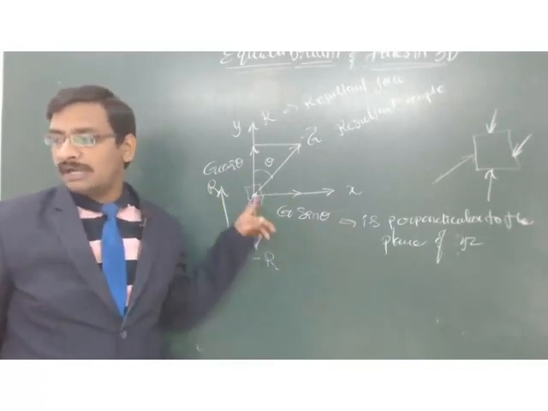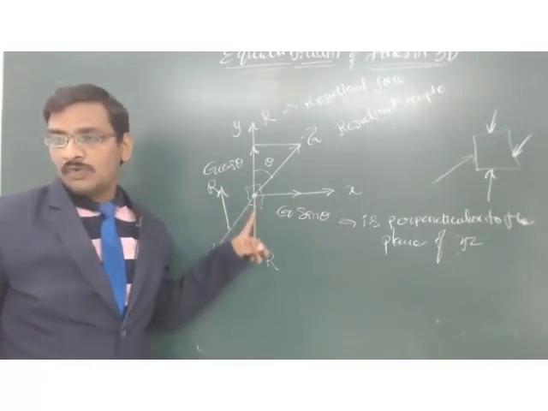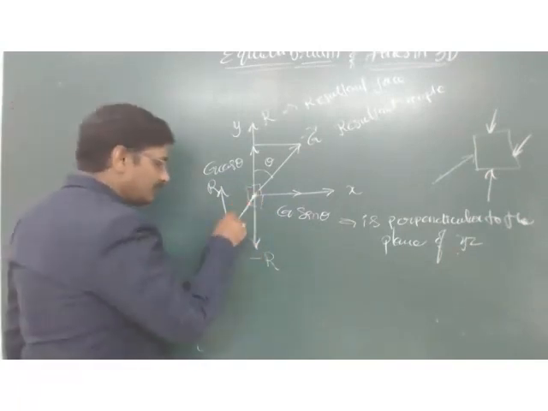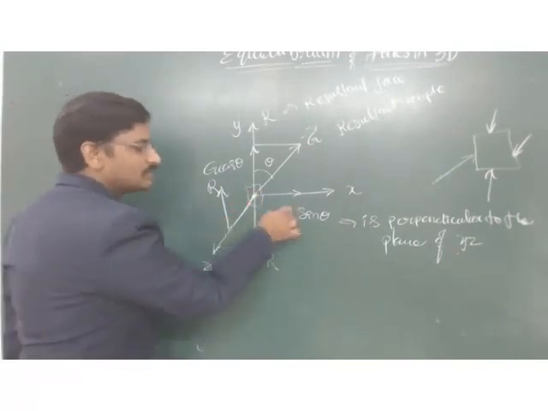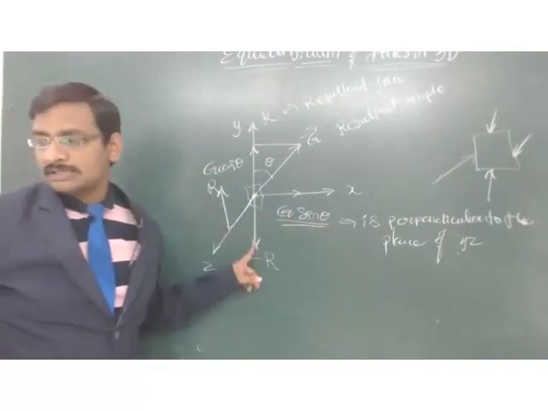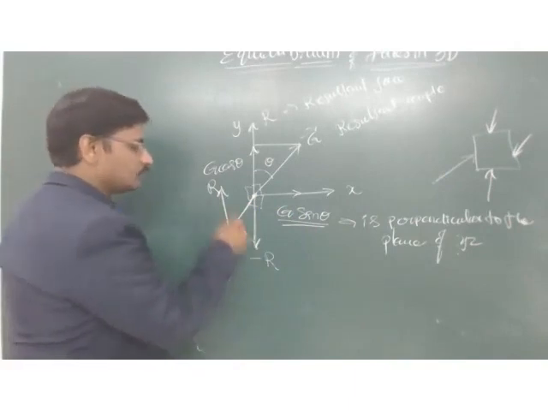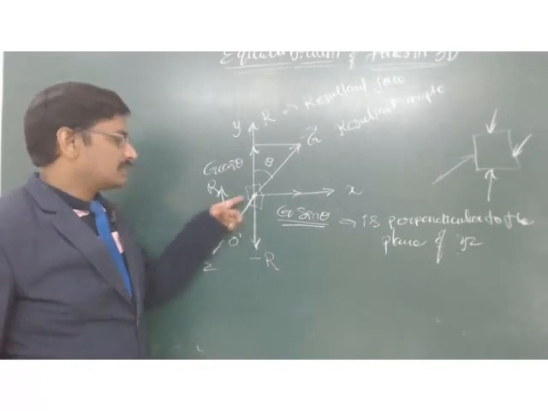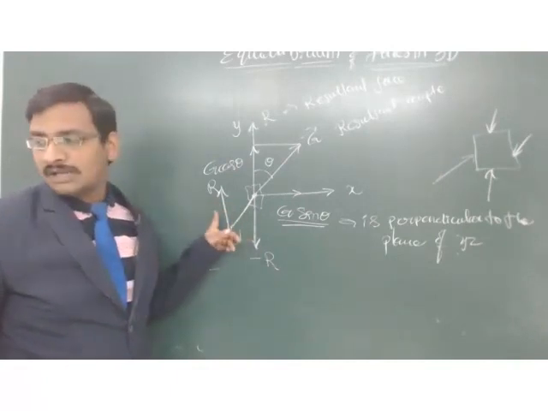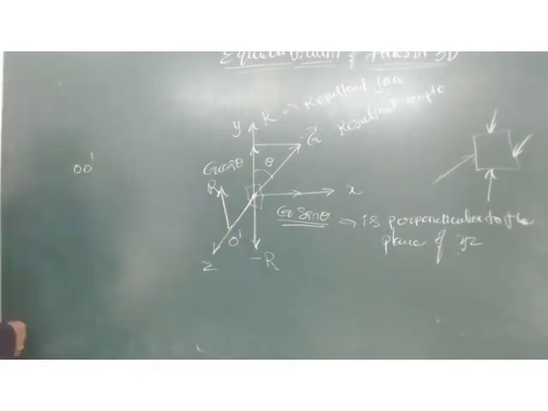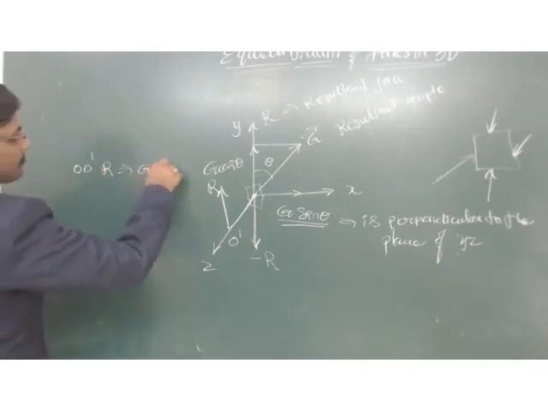And I am considering that one of the forces is equal to R. So I can decide this value so that it matches this g sin theta, which is the couple of these two forces, R and minus R. Let us say this is O dash, which is nothing but the perpendicular distance between the forces R and minus R, right? So O dash multiplied by R is equal to g sin theta.